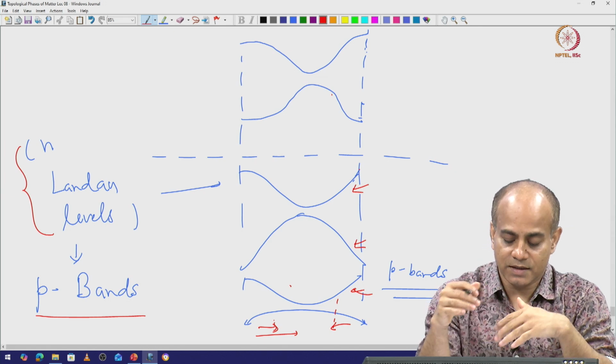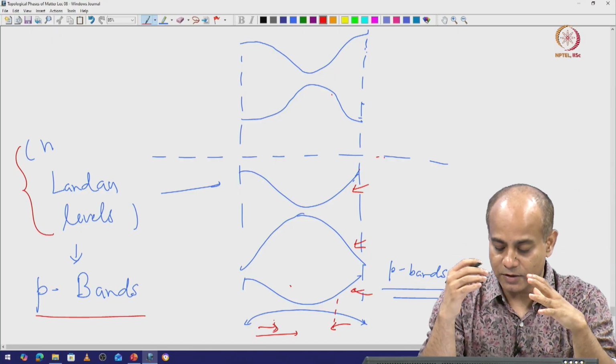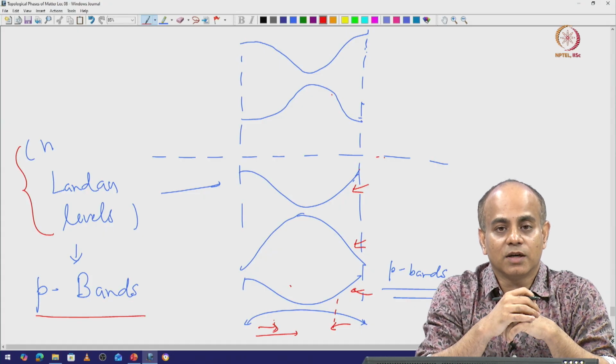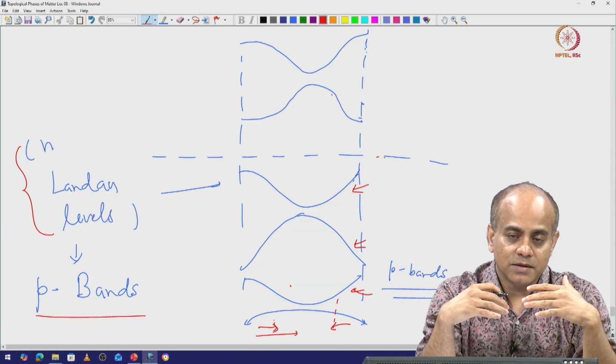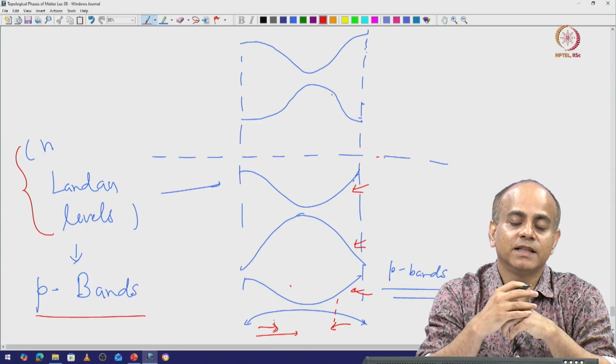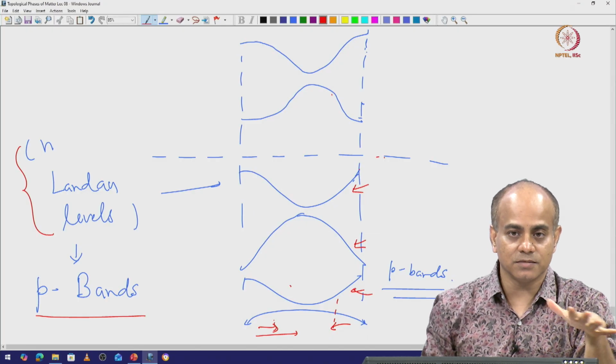Then, depending on the chemical potential, the bands will be filled or empty, and you will have a change in the quantum Hall effect by removing a band from the Fermi level or filling a band to the Fermi level. So this analogy is fine.